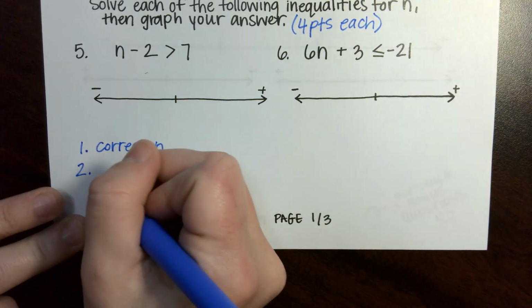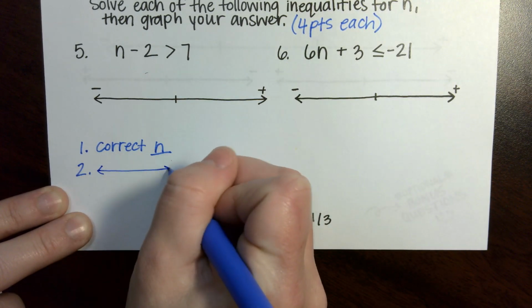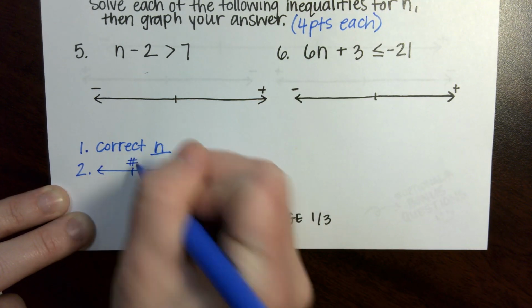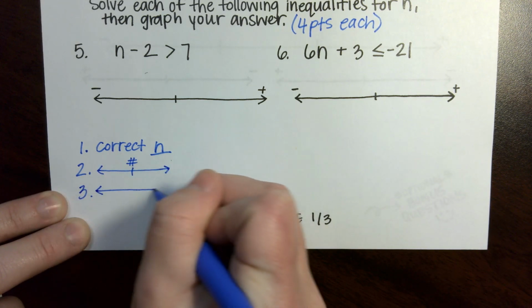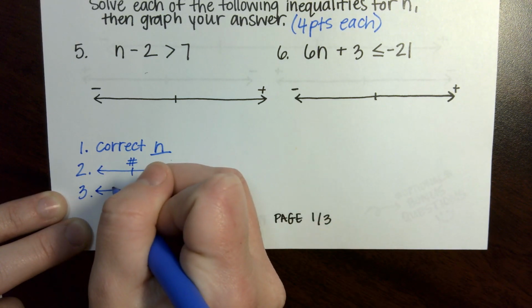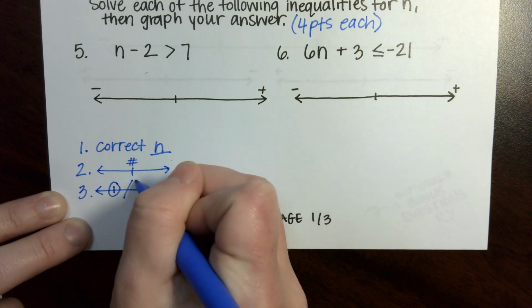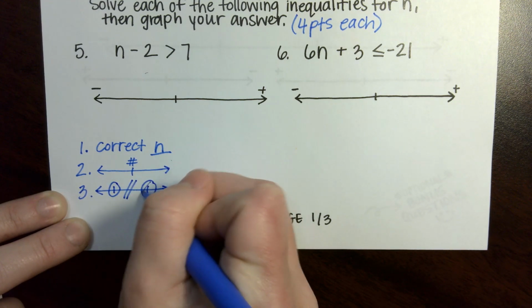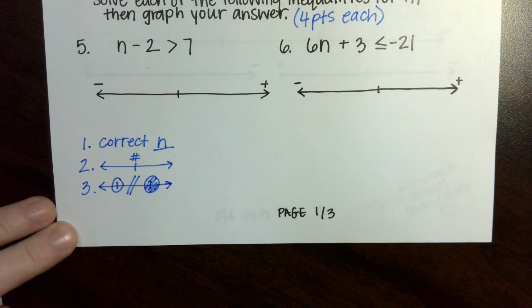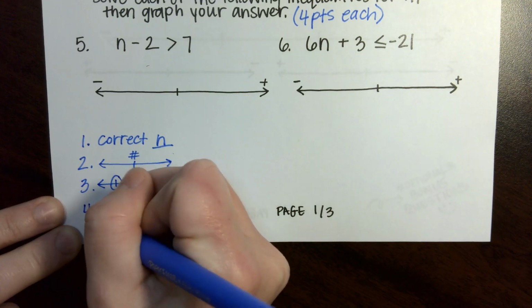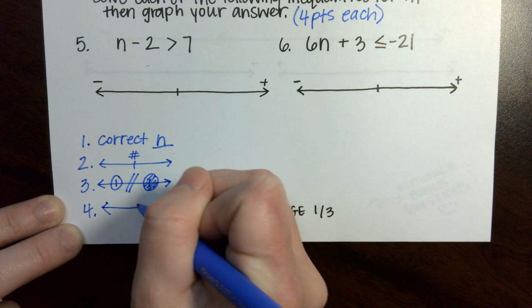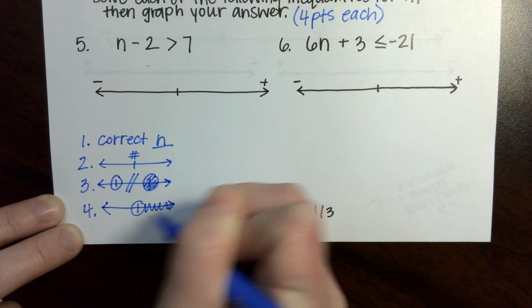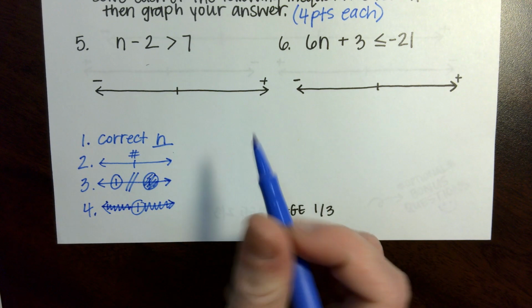So it is making sure that you write your number above the line, the tick mark, making sure that your circle is either open or shaded, and finally, the direction that you shade in, whether it be to the right or to the left. That's what I'm looking for.